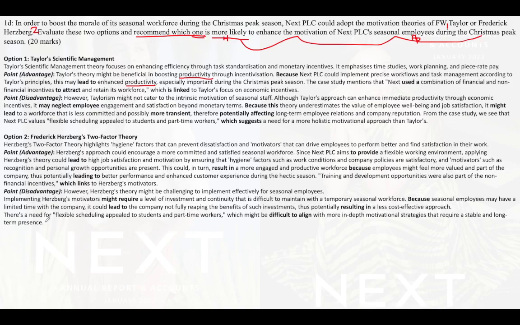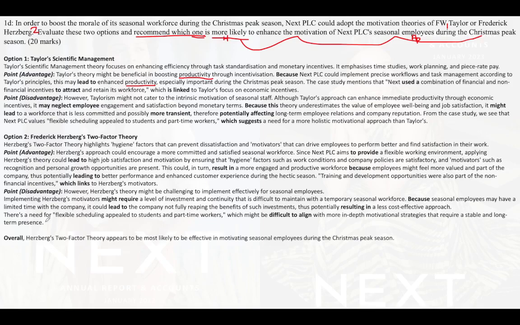It's just saying it might be difficult to achieve this with part-time workers that will be here and gone within that short Christmas window. So it is sort of a counter-argument to Herzberg. It's basically saying, yes, it's okay, but it might be quite hard and expensive to implement.